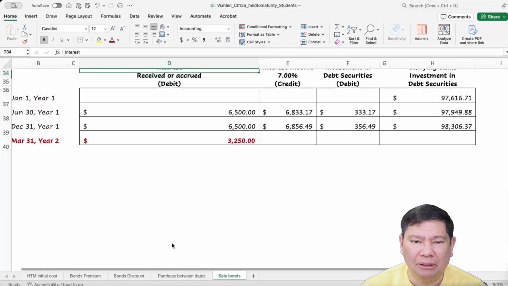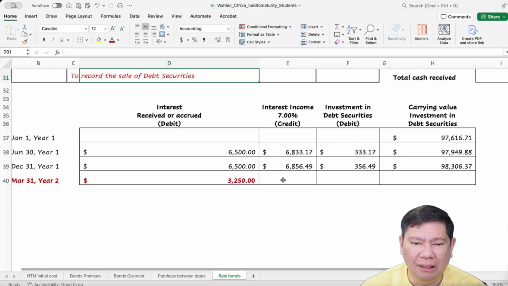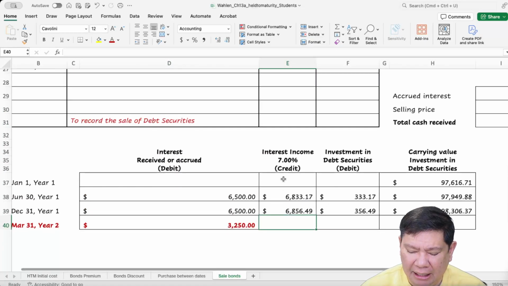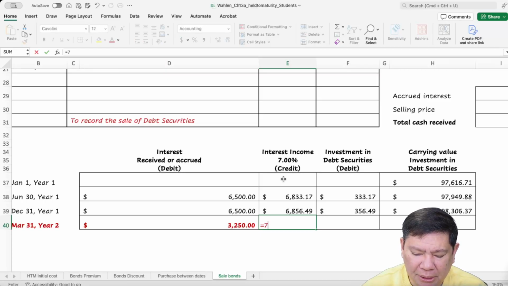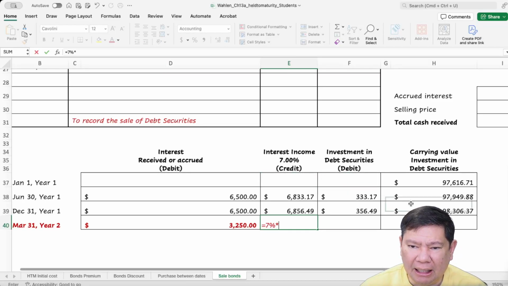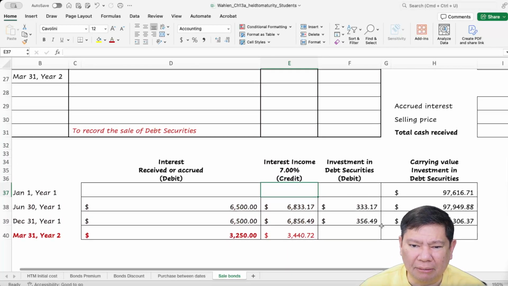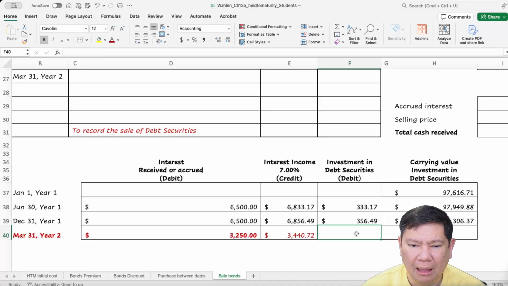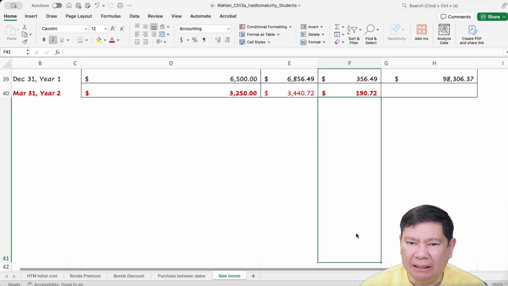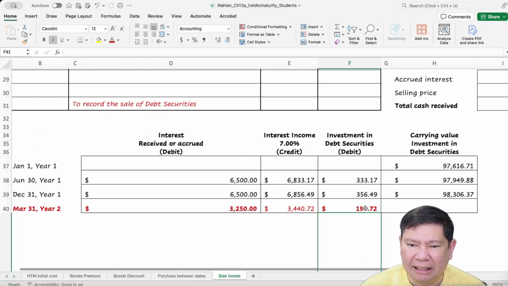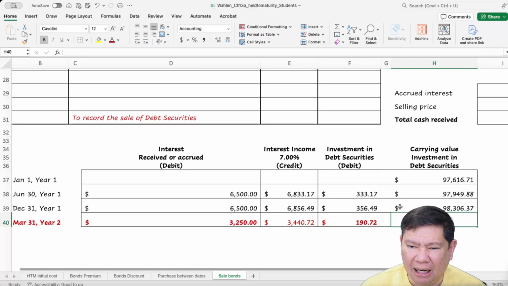Okay, 3,250 for 3 months, and then also 7% times the carrying value divided by 2, 3,440.72, and then the difference is the 3 months amortization of the discount.